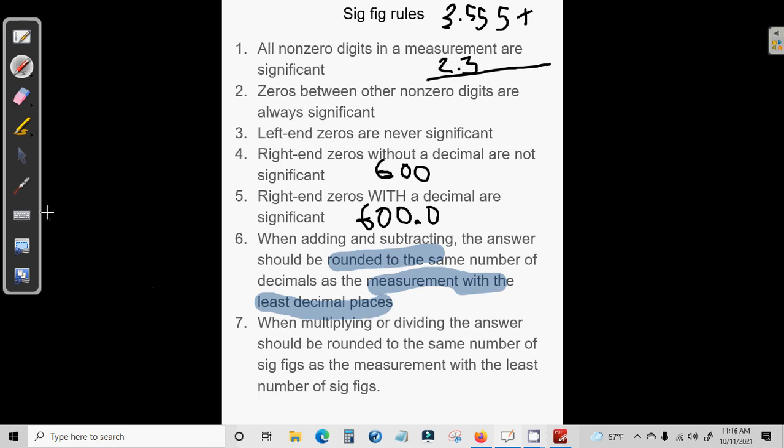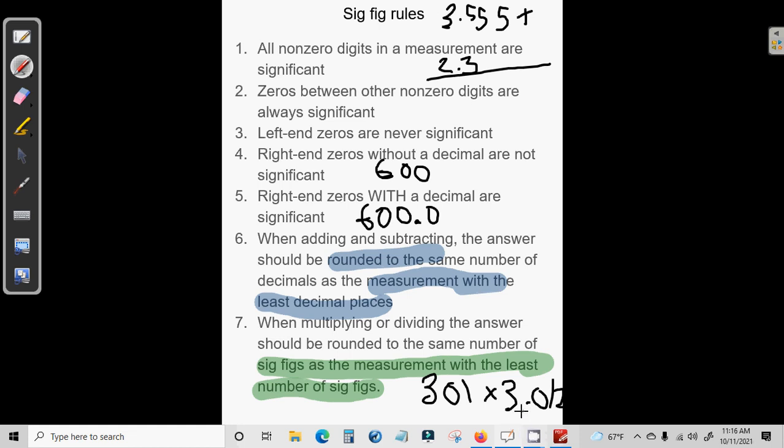Okay. Now, when you're multiplying or dividing, all right, then you're going to round to the same number of sig figs as the measurement with the least number of sig figs. So let's say you're going to multiply 301 times 3.012.